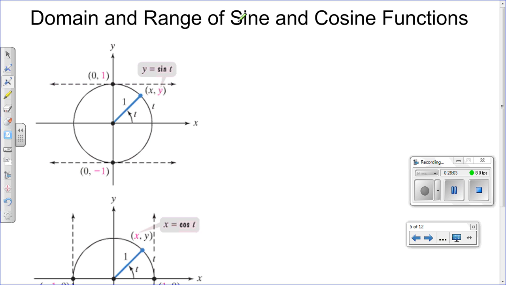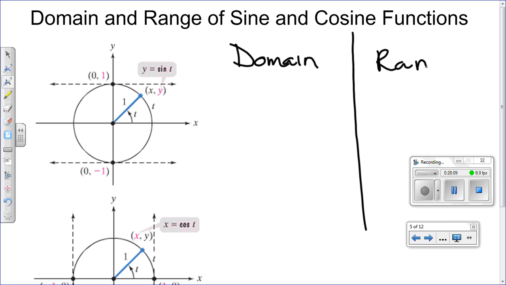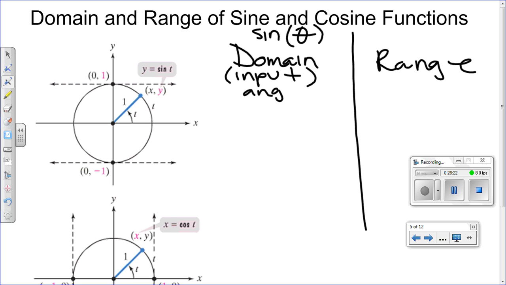So for both of those functions, we're going to call the domain the input. When we talk about the sine function, something like sine of theta, the input happens to be the angle. So what do you guys think will be a good set for the angle? Can angles be positive, negative? Could they be 0? Yes, to all of those.